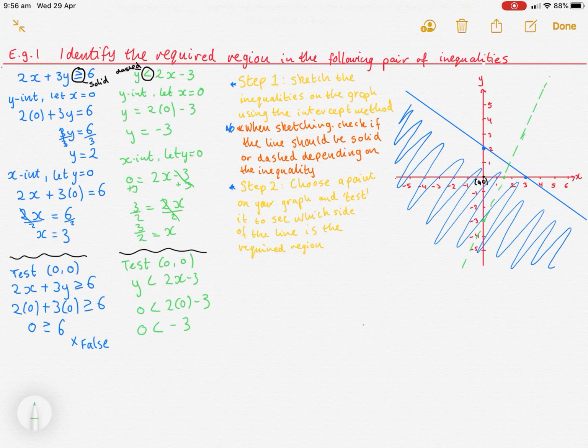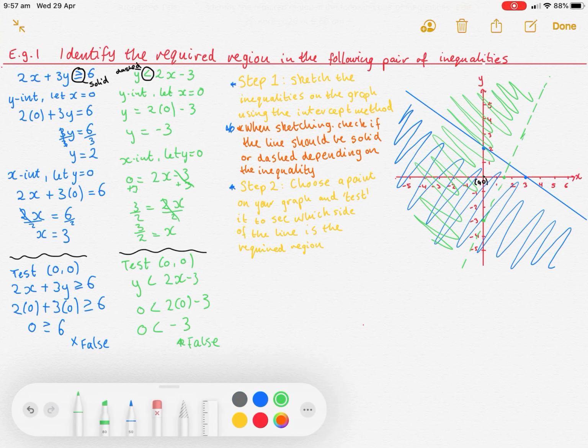Is 0 less than negative 3? No, that's false. 0 is not less than negative 3. So over here, we're looking at our dashed green line and the point 0, 0. That side is not true, so we need to shade this side of the green line. We don't want that bit.